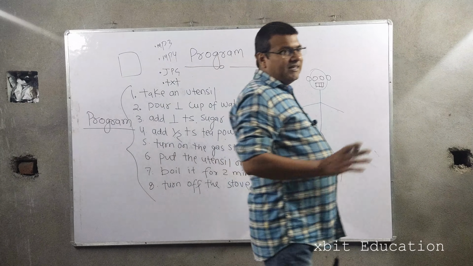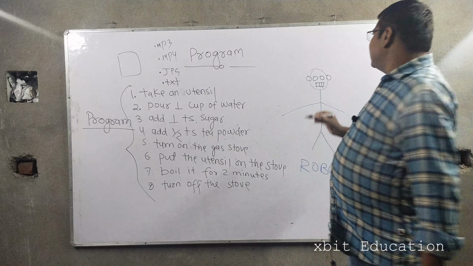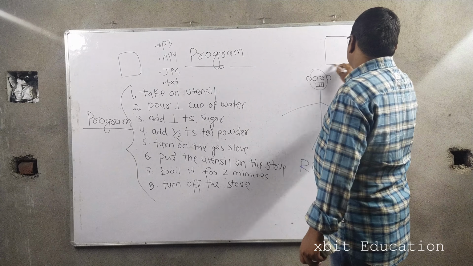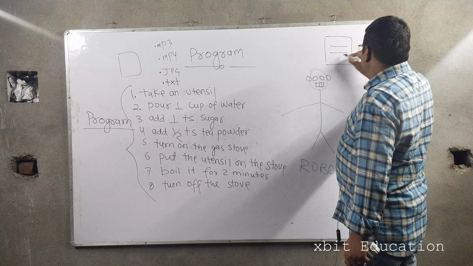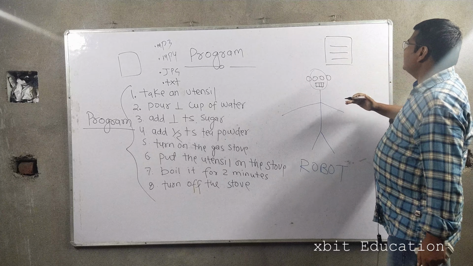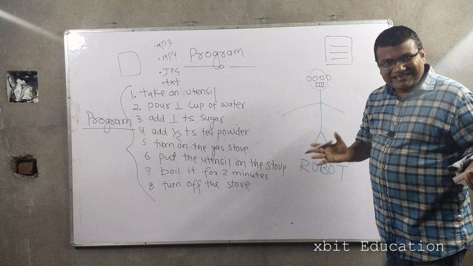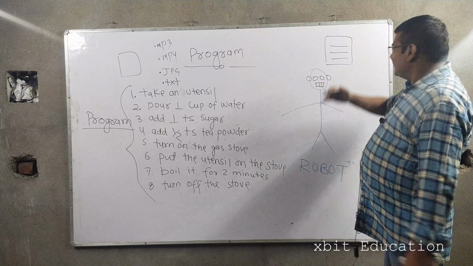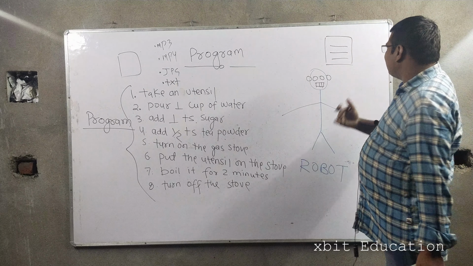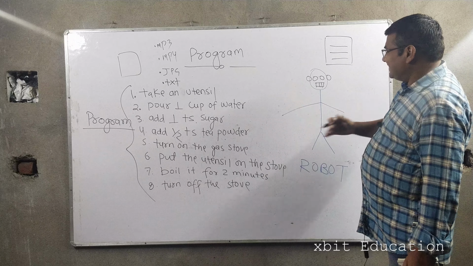In the Java language, we write some code, a group of commands. This group of commands performs some special task, and this group of commands will be called a program. So we use the Java language, not the English language.